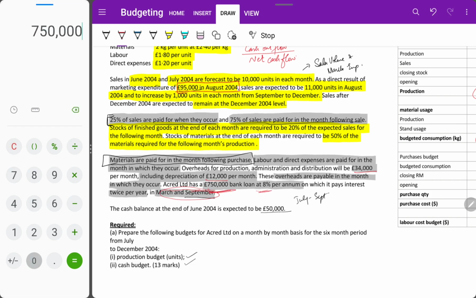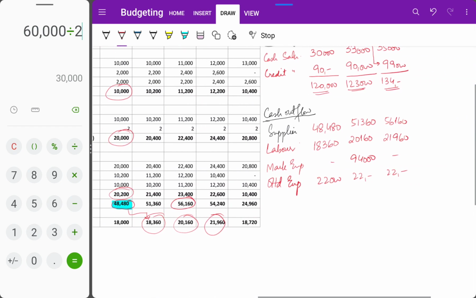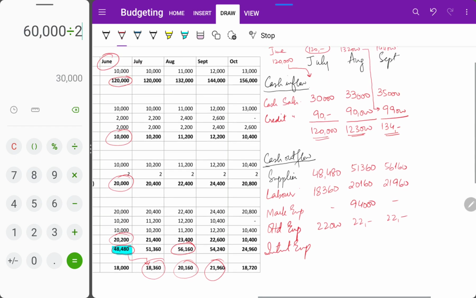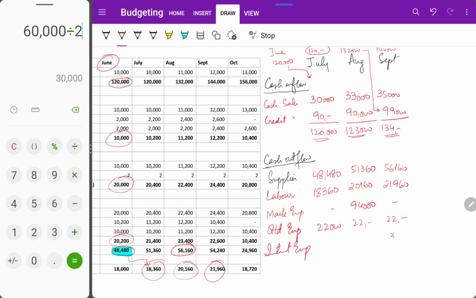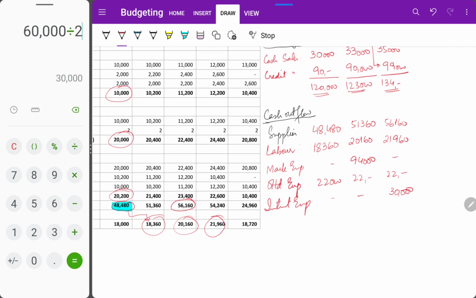So 750,000 times 8% is 60,000, and the company pays twice, so it's 30,000 interest expense, in September as well. And there is no extra payment. So let me pause this video and calculate all these figures, and then we will proceed.